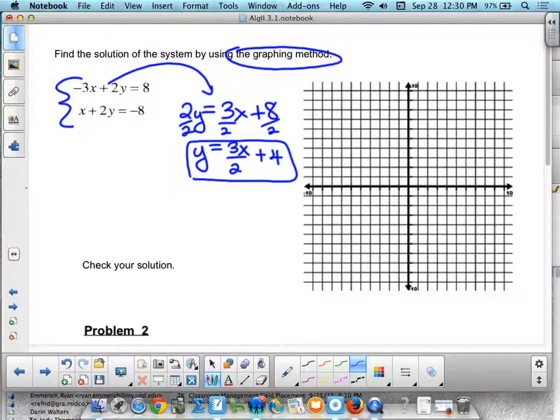Okay, I solved my top equation, that's what I got. And about what you got? If I make a mistake, let me know, please. Alright, bottom equation.